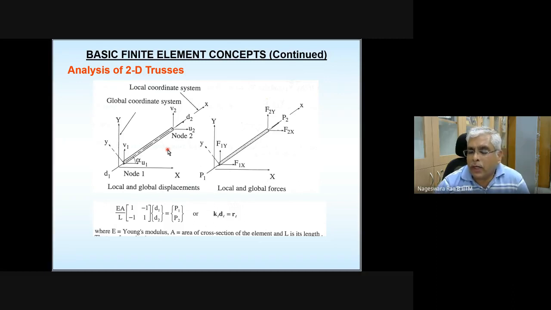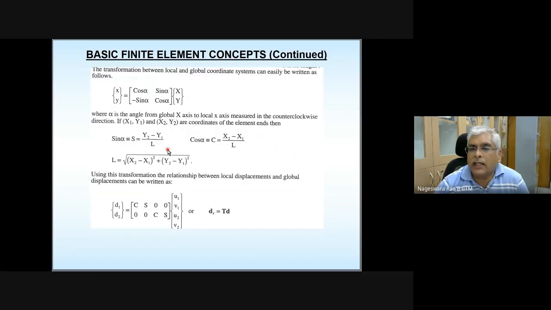If you are unable to recall it immediately, that relation is given for you here: transformation between local and global coordinate system. Hope you recall this relation. You should be very careful with how this alpha is defined.